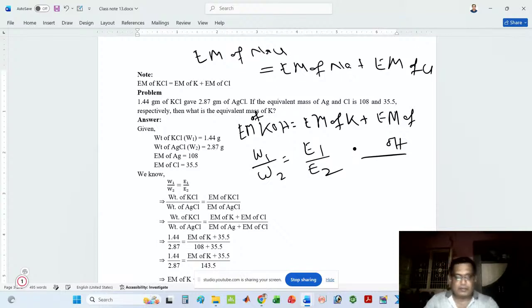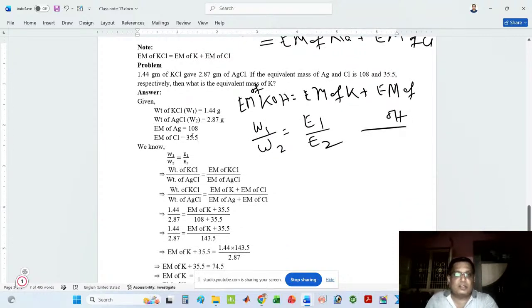Suppose I take W1 and E1 for KCl, then I take W2 and E2 for AgCl. From the problem, the given data: weight of KCl, W1, is 1.44 gram. Weight of AgCl, W2, is 2.87 gram. The equivalent mass of silver is 108 and equivalent mass of chlorine is 35.5.